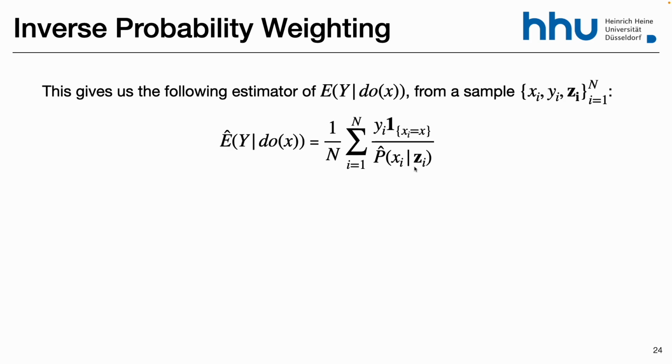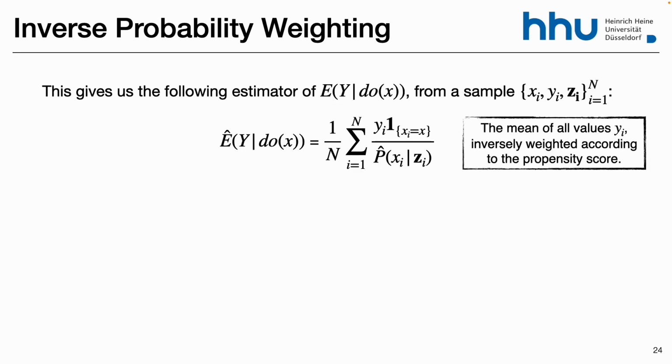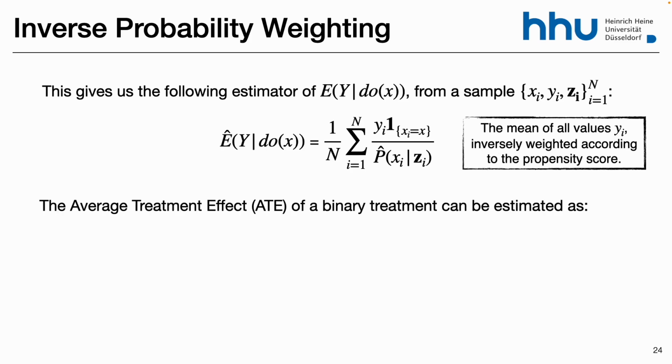It's intuitive because I transformed my sample into a causal, interventional one. Imagine that this data came from an experimental study: I don't need to balance, I don't need to do anything, it's already done. So it's basically computing the conditional expectation of Y given X. That's just the sample, and the transformation is in this weight here. So that's the mean of all values, but they are inversely weighted according to the propensity score.